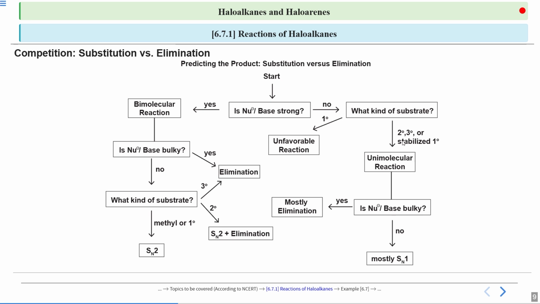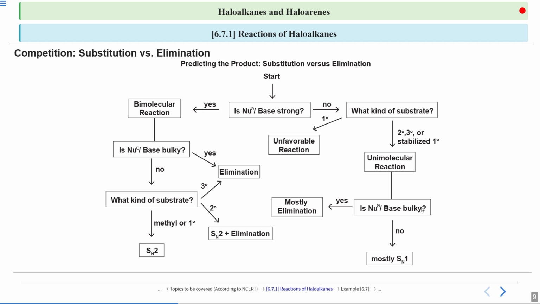You will get a unimolecular reaction, where a single reactant gives the product. So if your substrate is secondary or tertiary and your base is not strong, the reaction will go in a unimolecular way, where only one reactant gives you the product.